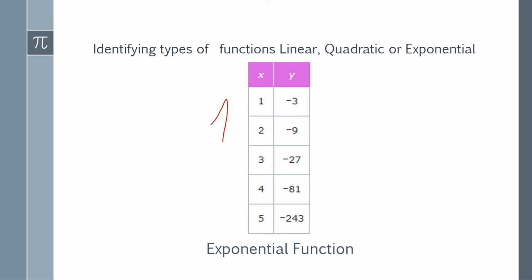So guys, 243 minus 81. The difference between that is 162. So 81 and 27. The difference of that is 54.